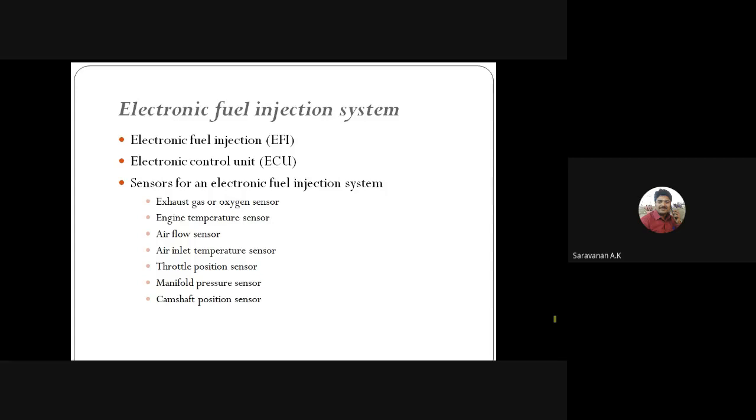So the next topic is the electronic fuel injection system.